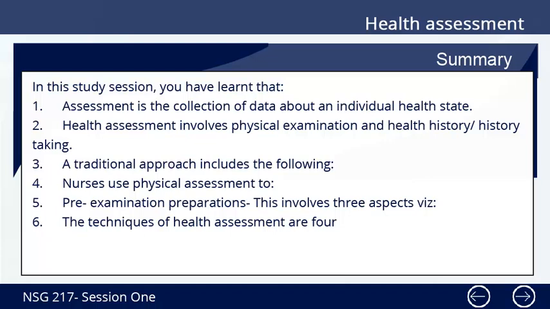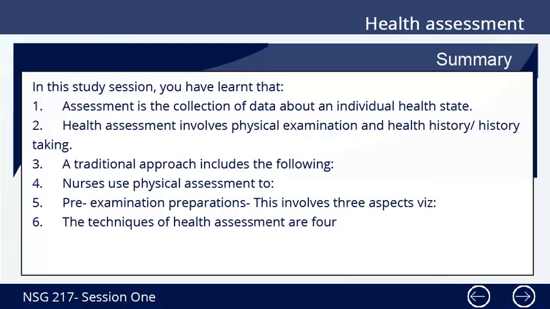Number 3. A traditional approach includes the following: biographic data, chief complaint, present health concern or present illness, and past history. Number 4. Nurses use physical assessments to develop or obtain baseline data and expand the base from which subsequent phases of nursing process can evolve.